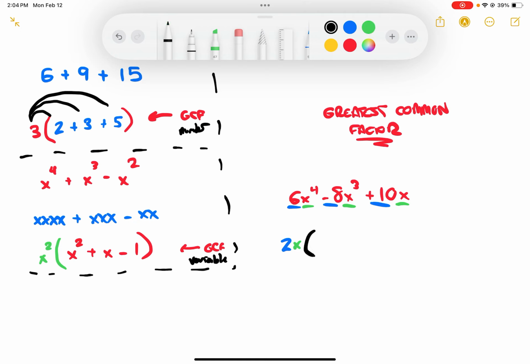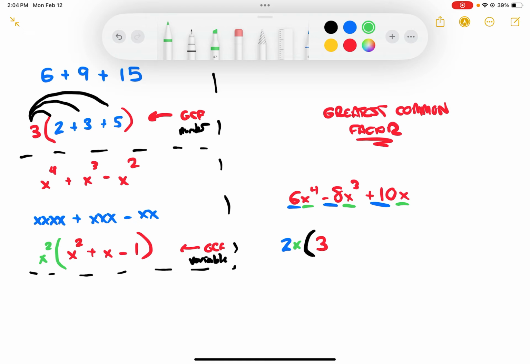Then I start my parentheses, and what goes inside the parentheses, I will divide each term by the greatest common factor. I'll start with the numbers, and then I can move on to the variables. So with this first term, 6x to the fourth divided by 2x. Well, we have 6 divided by 2, which is 3.